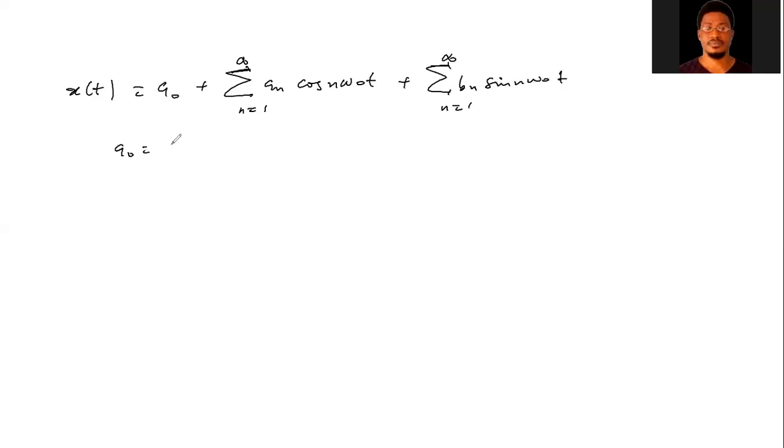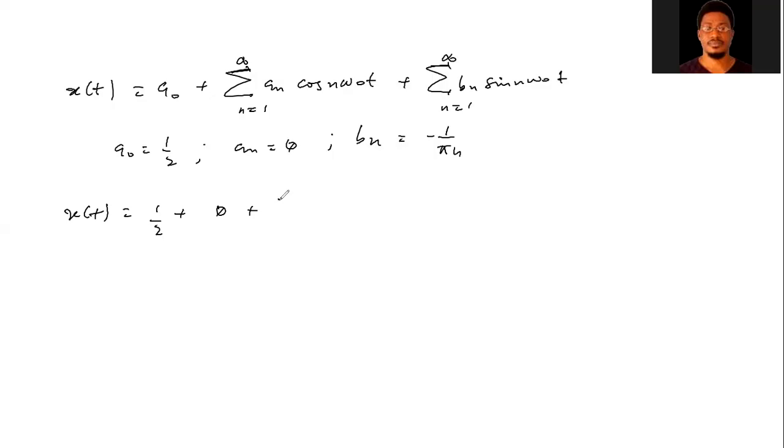So we know A naught is the same as 1 over 2. An is the same as 0. And then Bn is the same as negative 1 over pi n. So once we substitute this, S of t will be the same as 1 over 2 plus, now An is 0. So this expression reduces to 0 plus 0, then plus Bn.